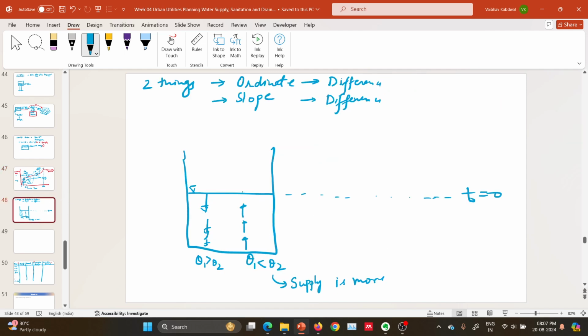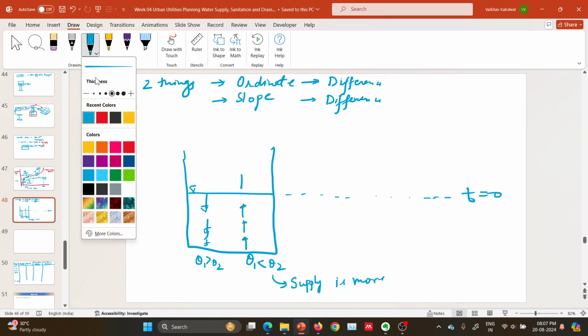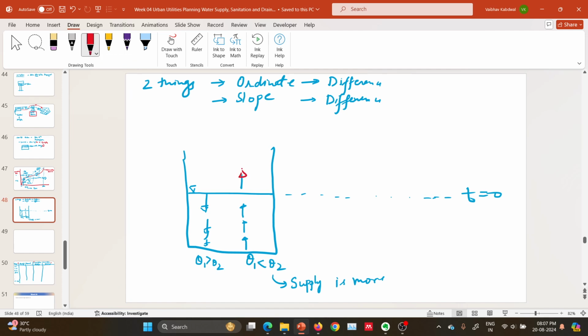Okay, theta 2 is greater than theta 1. It will again go up, for phase 1, for phase 2, for phase 3.